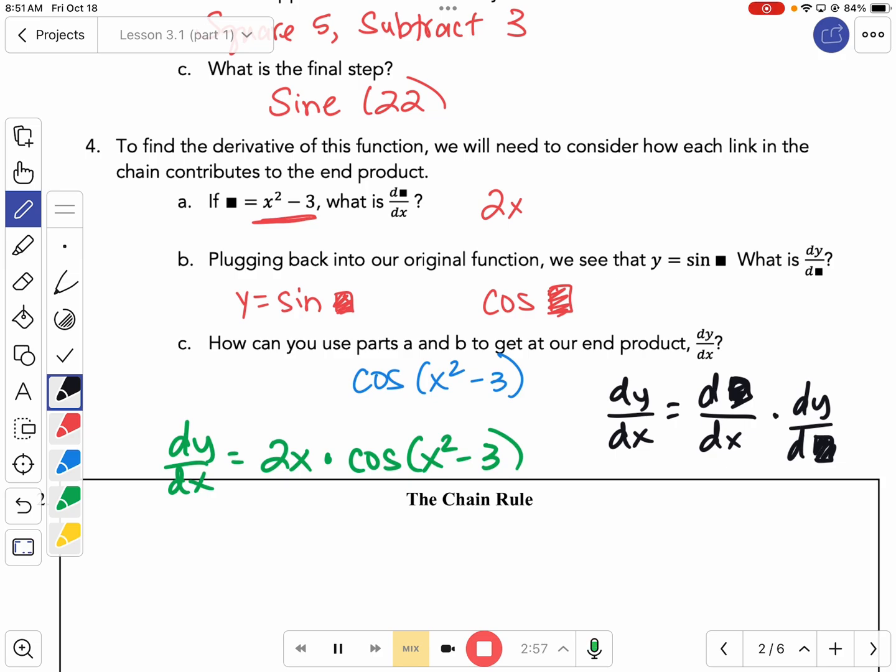And that's kind of where the chain rule comes from. We take a composite function, so y is equal to f of g of x. We start with x, we plug it into g of x, and then take our answer and plug it into f. But we have to take derivatives the same way. We take derivatives with respect to the inputs.